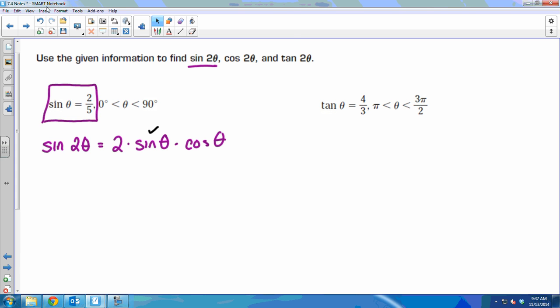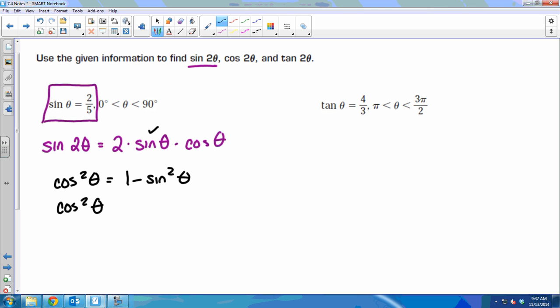Right, sine squared plus cosine squared equals 1, so cosine squared equals 1 minus sine squared, and we're going to solve to find cosine. So I have 1 minus 2/5 squared. Again, I show all my steps so people won't get confused. If you skip a few steps, it's not the end of the world.